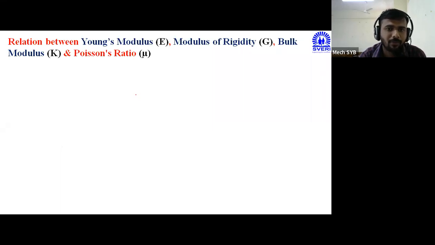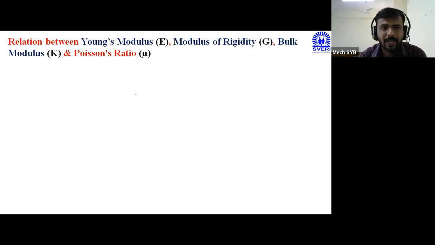Okay, so this is the basic definitions of Young's modulus E, which is also called as a modulus of elasticity, modulus of rigidity, ज्याला आपण shear modulus पण म्हणतो, आणि तो कॅपिटल C ने पण आपण इंडिकेट करतो. ओके, and bulk modulus K and Poisson's ratio mu. Okay, so here I will write down all the relations.